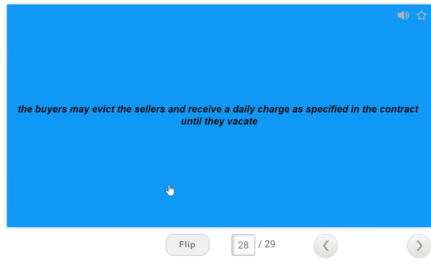So in that part of the closing contract, you want to make sure that you write down a daily rate that's pretty high so we don't even have to deal with it, at least a few hundred bucks. So you don't want to have a buyer that can't get into the house they just bought because the seller is still there. No, it's hard to leave a home that you love, but if you sell it, you got to get out.